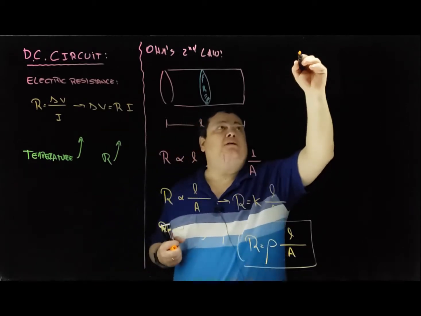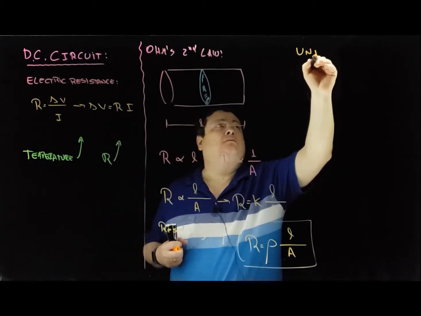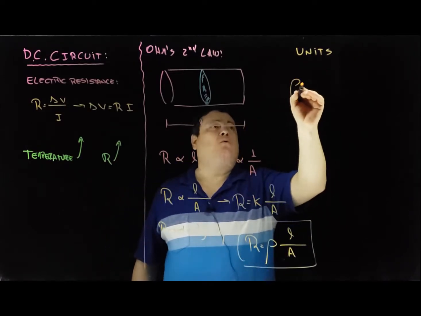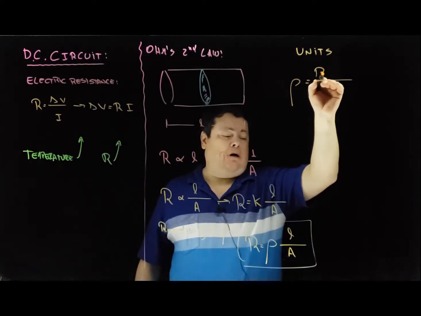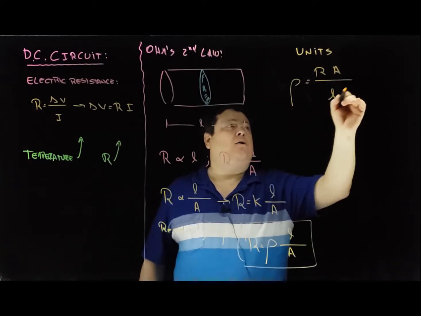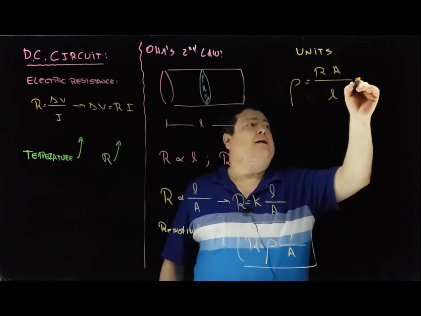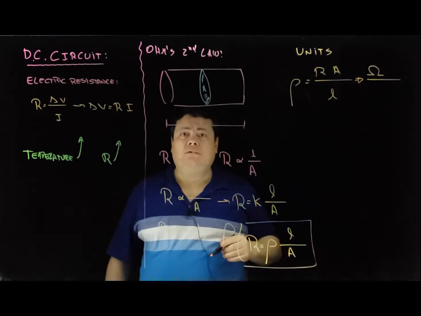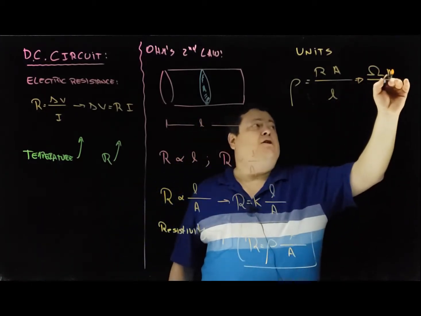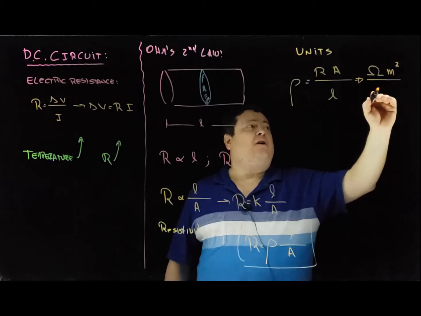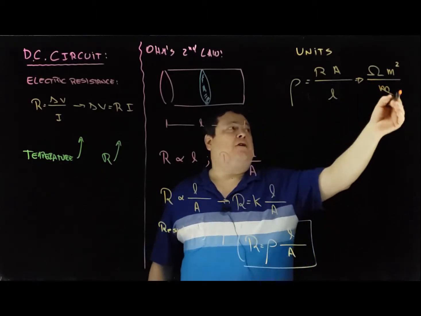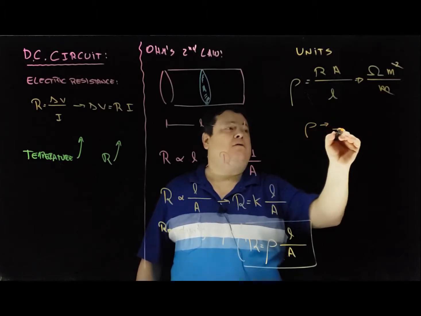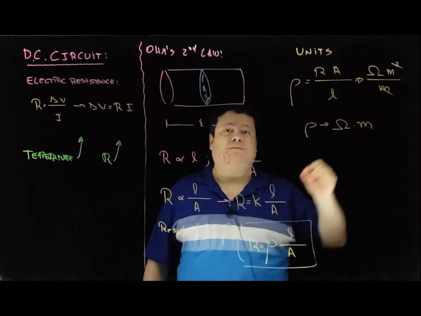In terms of units, if I solve this for rho, rho is going to be R A over L, and that would have units of ohm, times cross-sectional area in international units, meter squared, divided by meter. If I cancel these two out, I can see that rho is given in ohms times meter.